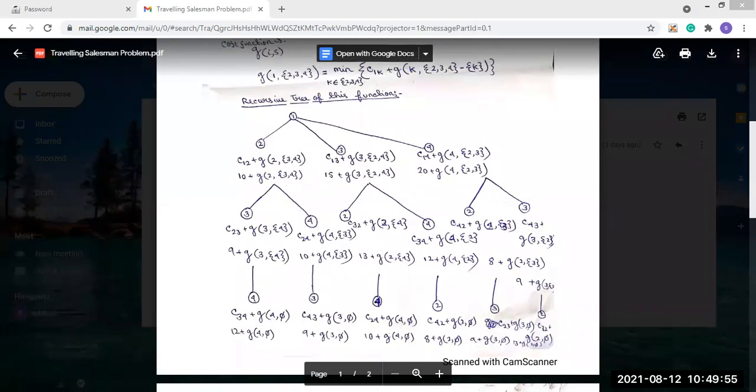Using this formula we have seen in the previous class, today I will show you how the values will be put here, and after putting the values, how we can get the final result of this particular recursive tree.